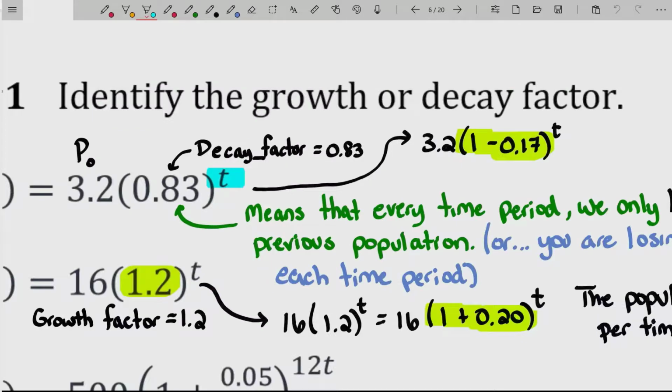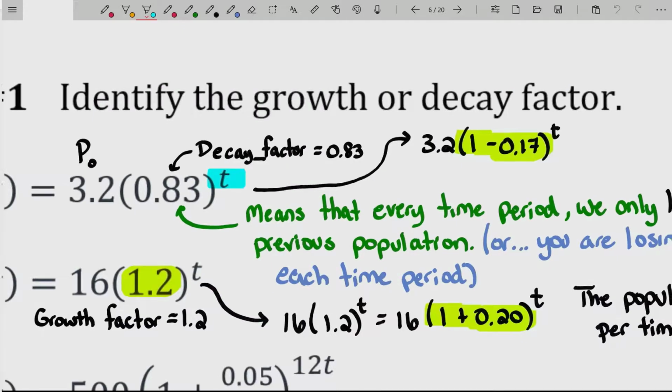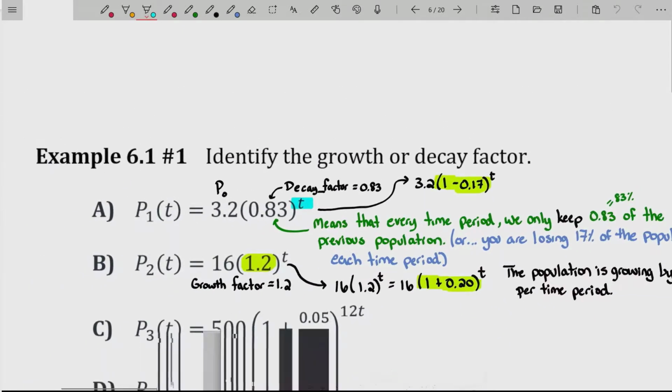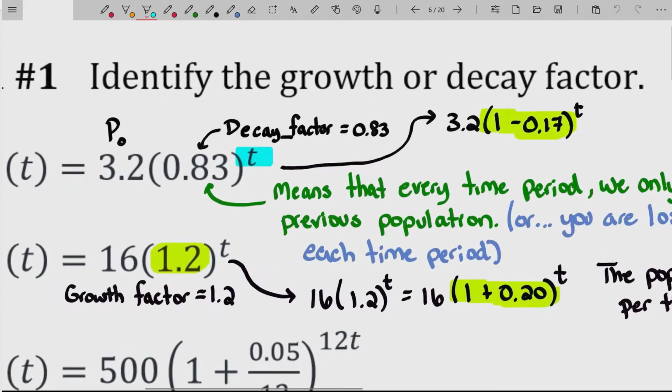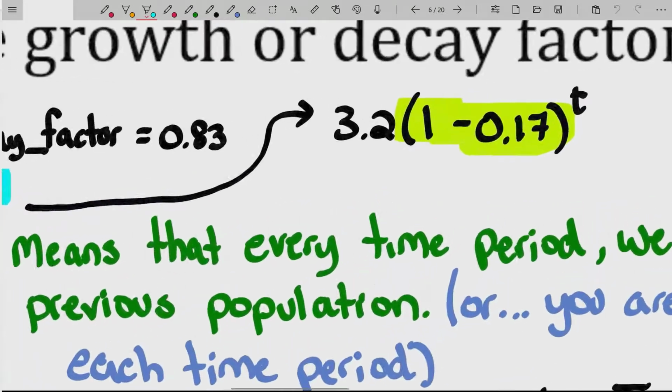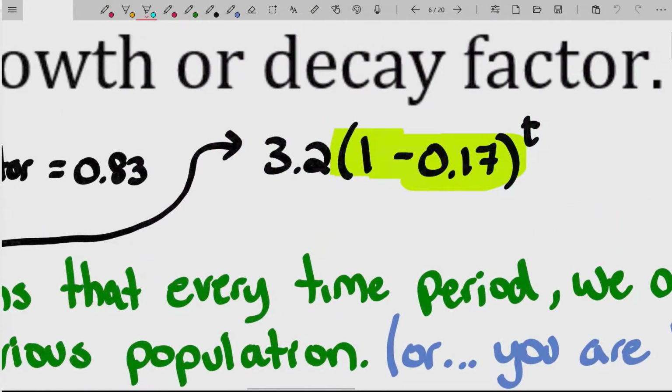Let me just showcase that. So in this example here, which was our first example, we saw that we had 3.2 times 0.83 to the t, and we rewrote that later on as 3.2 times 1 minus 0.17.